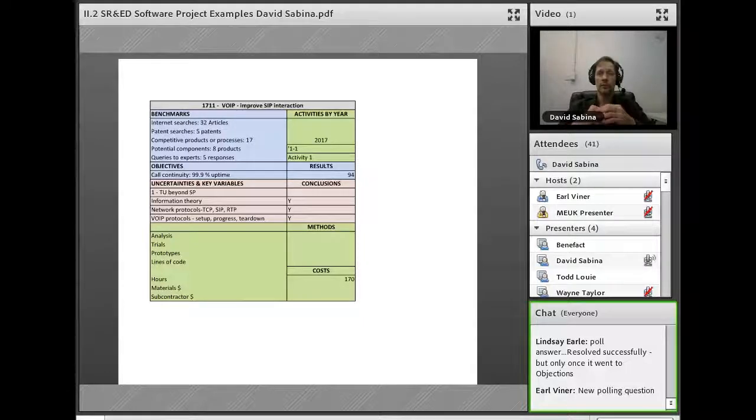Competitive products. So what existing products or competitive products are out there for TCP, all the different protocols that we're looking at? What are the methods? What are the papers? What are the known variables? You know, are there papers that talk about the vagaries of the problems in setting this up? What are the known issues? Again, all those things are worth their weight in gold to support the SR&ED claim. And they're often available, but they're often lost.